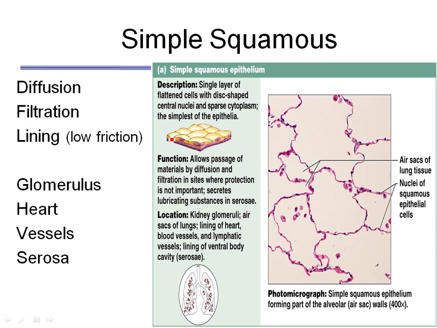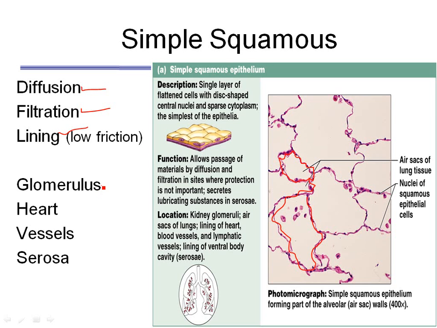So let's go through them rapid fire. Simple squamous epithelial: 1 layer of flat cells. Here they are. You're looking at them in profile from the side. Simple squamous epithelia is as small and as thin as you can get in the human body and still have a tissue. So it is perfect for diffusion, filtration, and if you overlap these flat cells nice and tightly, then it's a great lining because it's a low friction surface.